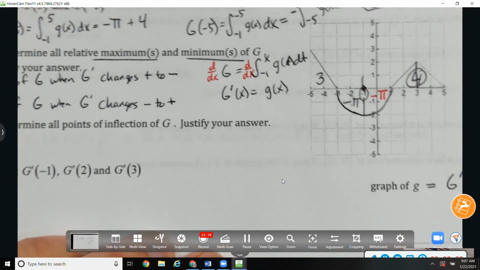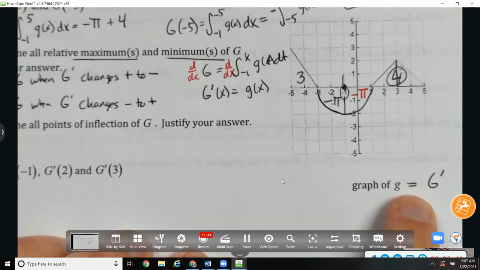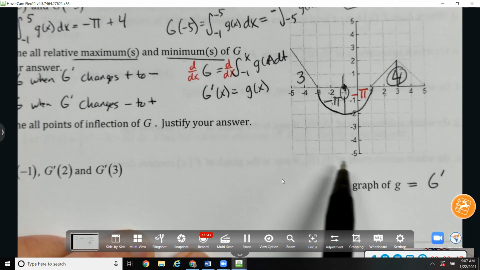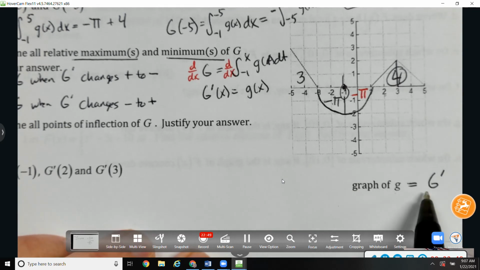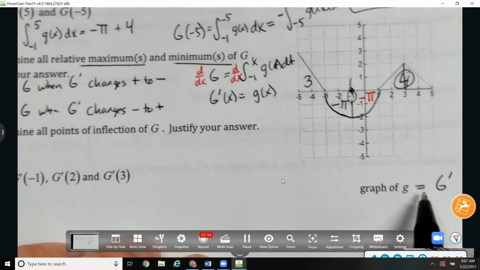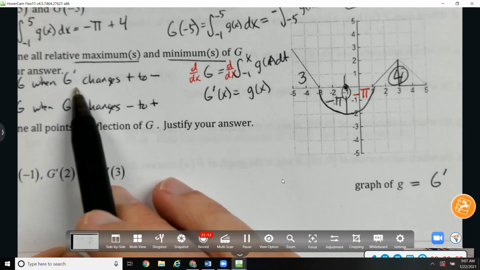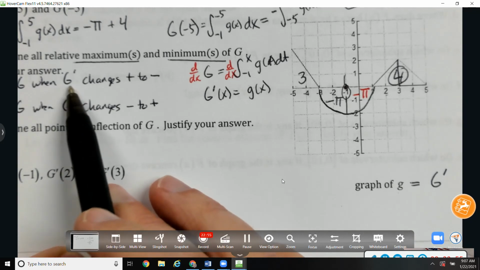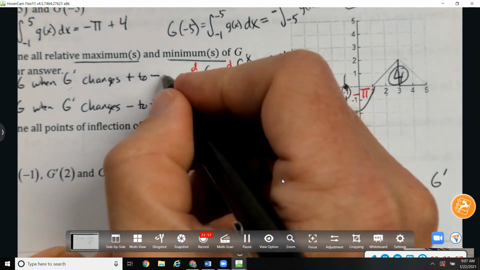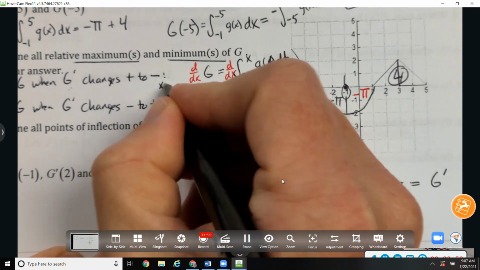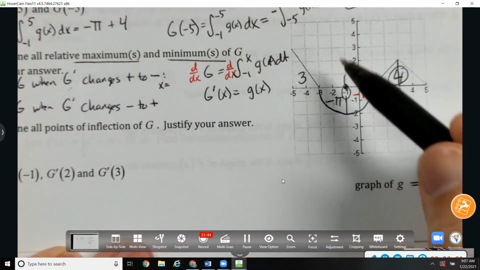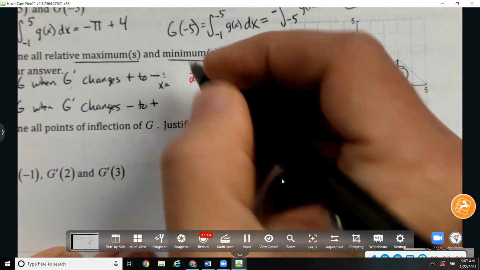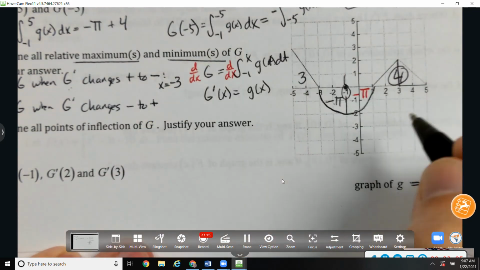And you don't have to label it, but I like to label it because now it helps my brain switch gears. Yeah, this is the graph of G, but it's also of little g. It's also the graph of big G prime. So when big G prime changes positive to negative, that happens at -3 and nowhere else.